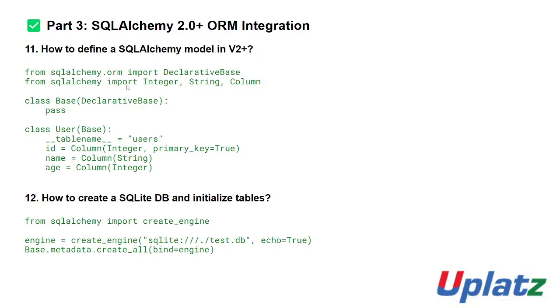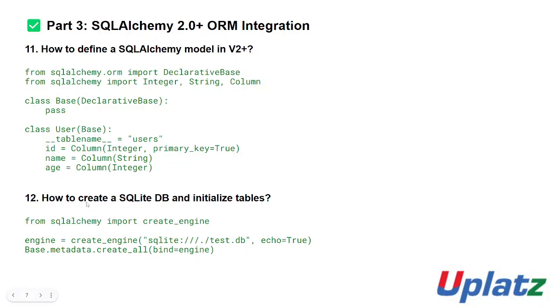From sqlalchemy import Integer, String, Column. class Base, which has the parent class declarative_base. class User of parent class Base: __tablename__ = "users". id = Column(Integer, primary_key=True). name = Column(String). age = Column(Integer).